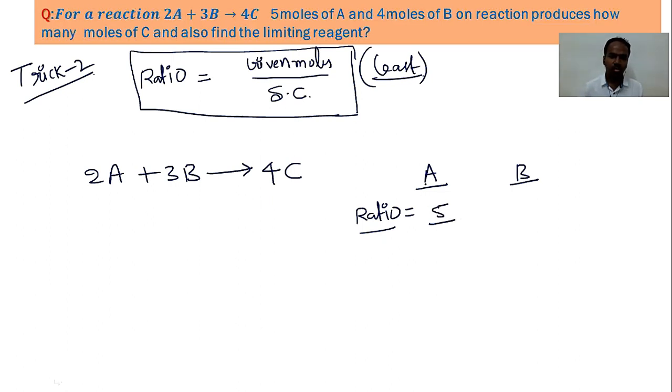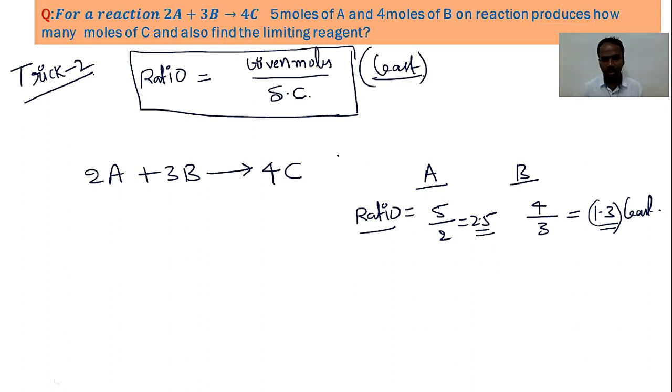The stoichiometric coefficient of A in the equation is 2, so 5 by 2, that is 2.5. The number of moles of B given in the numerical is 4, divided by the stoichiometric coefficient of B in the equation, which is 3, so 4 by 3, that is around 1.3. So the ratio of A is 2.5 and the ratio of B is 1.3. B's is the least. That's why B is the limiting reagent.